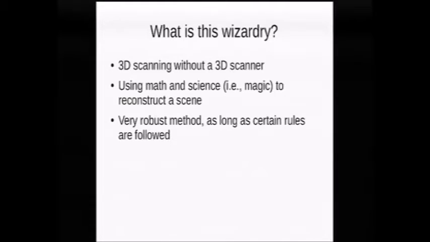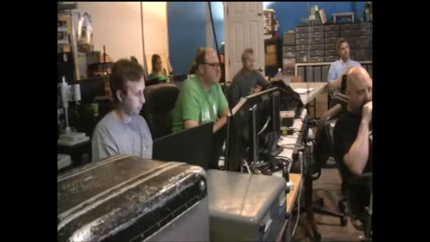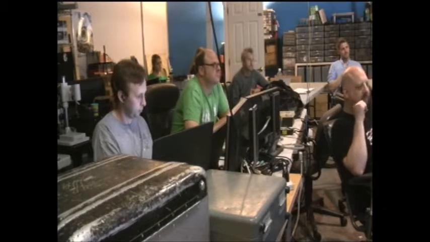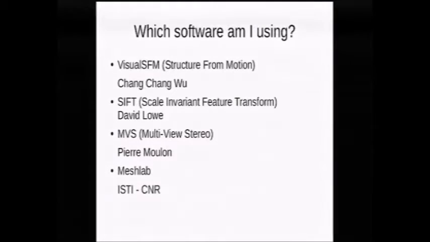A lot of artistry is involved in this as well, because there's sort of an unspoken guideline set that is required to achieve the best results using photogrammetry, and those are the kinds of things we're going to talk about today.